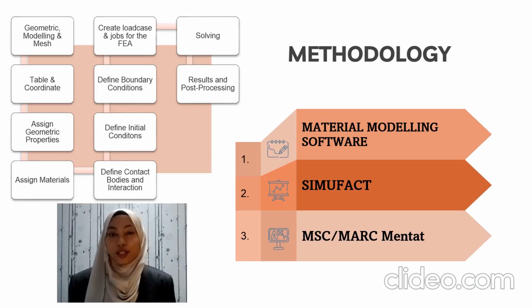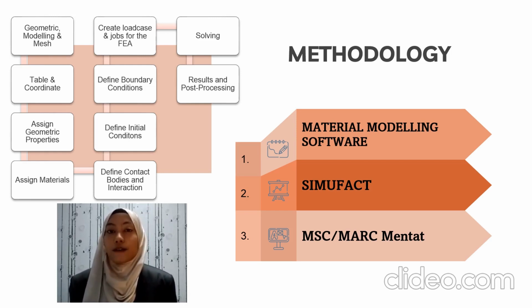Moving on to the methodology. Principally, to model a resistance spot welding in the MSC Marc Mentat has to be through a few other software. The first is a material modeling software, which is named JMatPro. In fact, MSC Marc Mentat maintains its own database of materials composition.